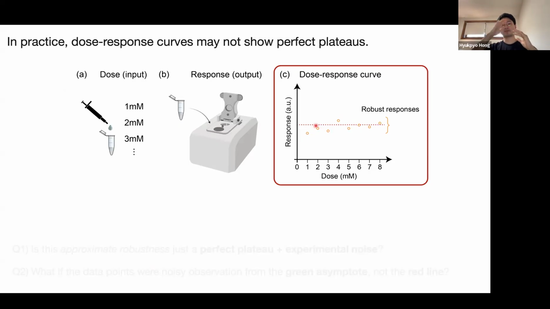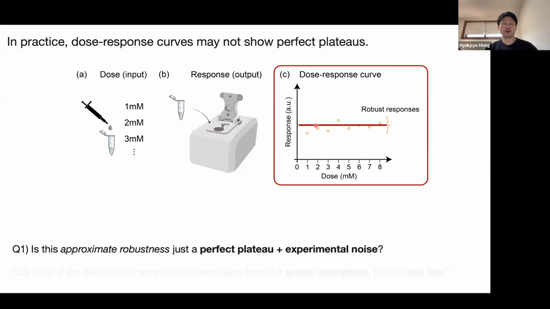There should be some perturbations here and there. And the first question we can ask here is, is this approximate robustness just a consequence of adding experimental noise to a perfect flat line?